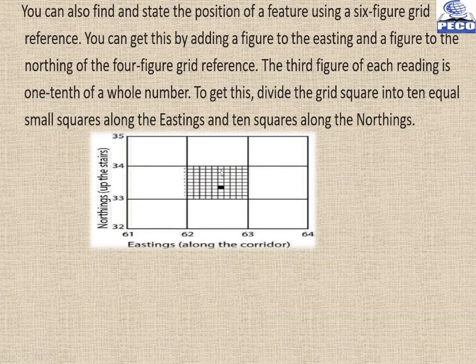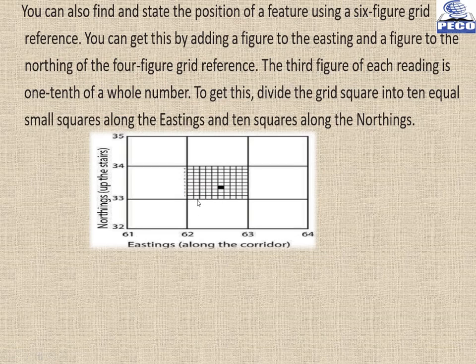And this is an illustration. We have the vertical lines, we have the horizontal lines, we have the eastings, which is along the corridor, and then we have northings upstairs. Easting 61, 62, 63. So between easting 62 and 63, we can divide this space into 10 equal parts.